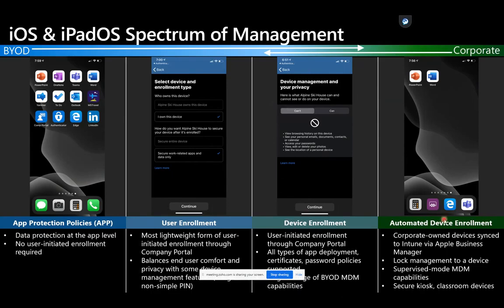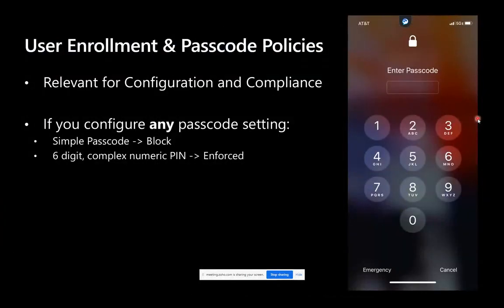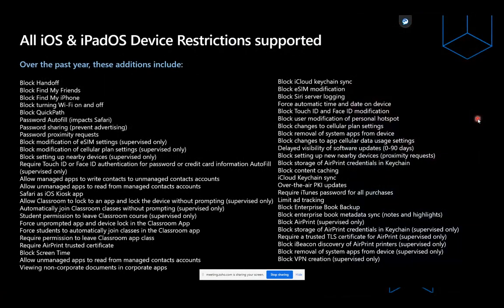And then lastly, what I have is an automated device enrollment where I would be making the accessibility to the device so strict that the user can only see the content on that device, including only those applications which I permit the user to have. So, practically speaking, the iOS and the iPad management on your Intune platform is pretty much robust and gives you n number of settings that can be provided, and still growing the count of the features that you can manage.